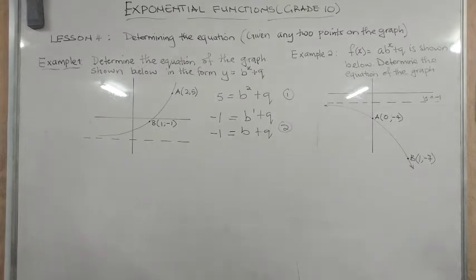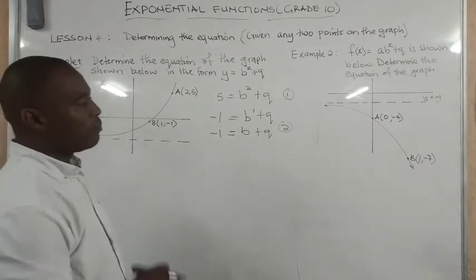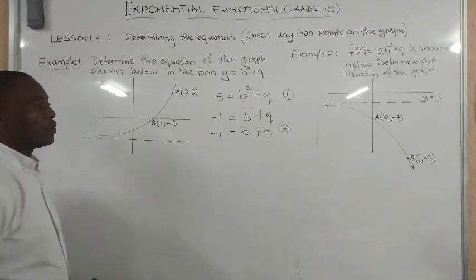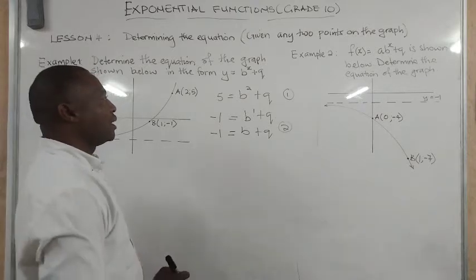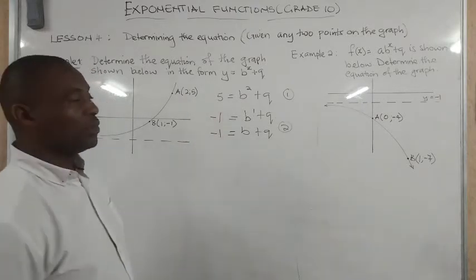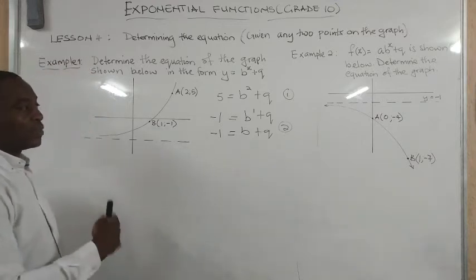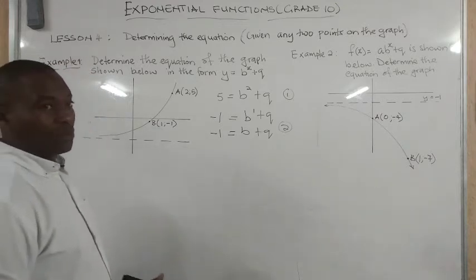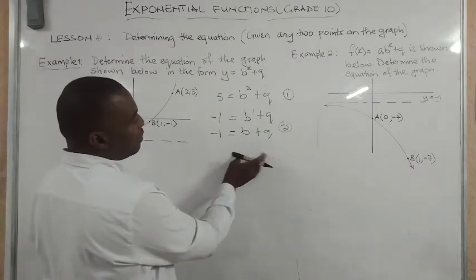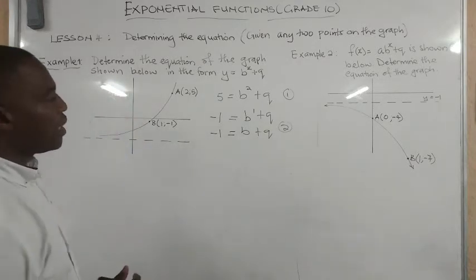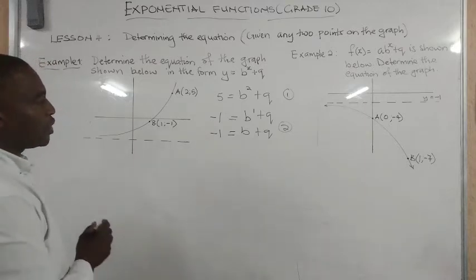Now, if you remember, in algebra you have been taught how to solve 2 equations simultaneously. And remember, if you have 2 unknowns, you must have 2 equations that will enable you to find the values of those unknowns. So now, the easier way to use here is substitution.